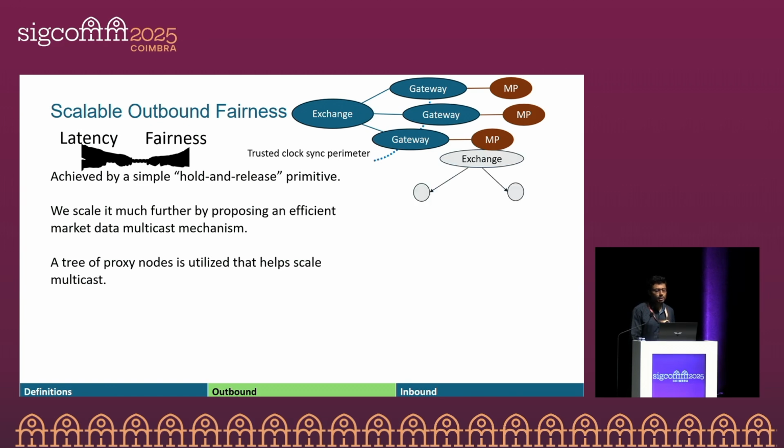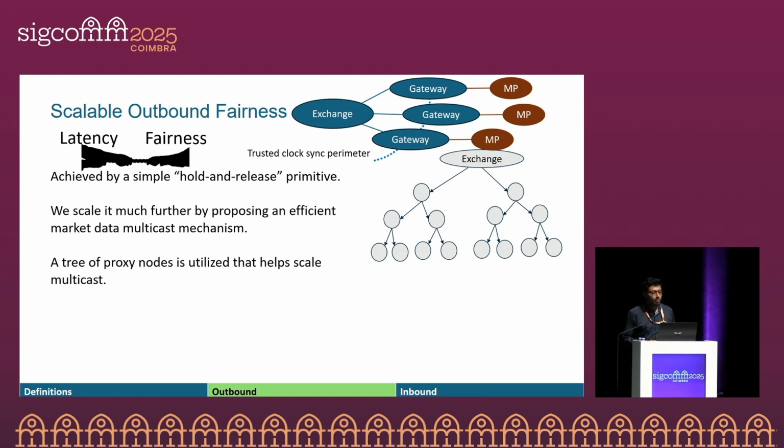The exchange, instead of sending a piece of market data to, let's say, 1,000 market participants, will send only to its direct children in this tree of what we call proxy nodes. The number of children is much smaller than the number of market participants. The proxy nodes can then send the data to their children in this tree, and so on and so forth. This allows us to send fewer copies of the same data, but still reach a larger number of market participants.